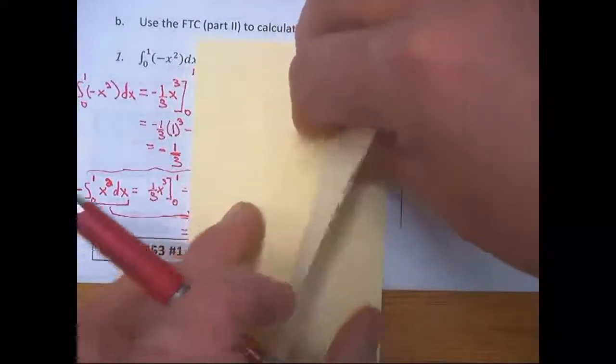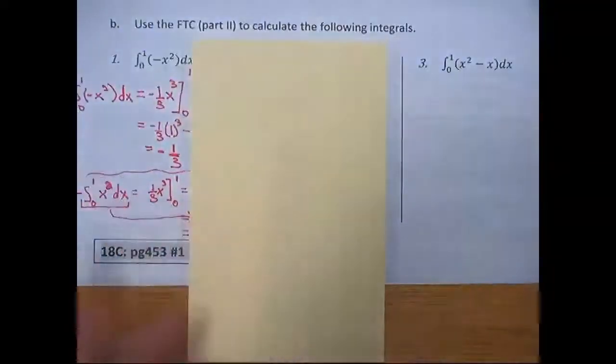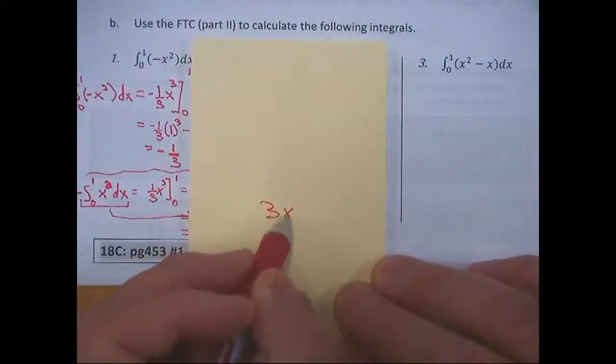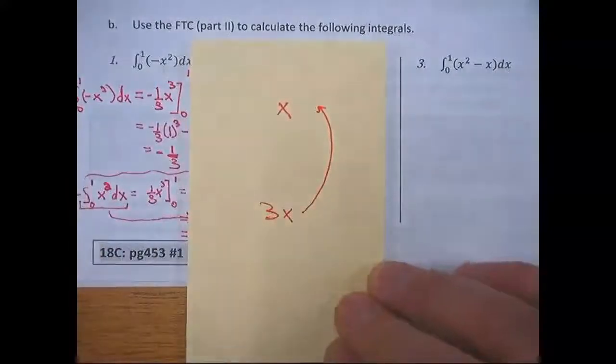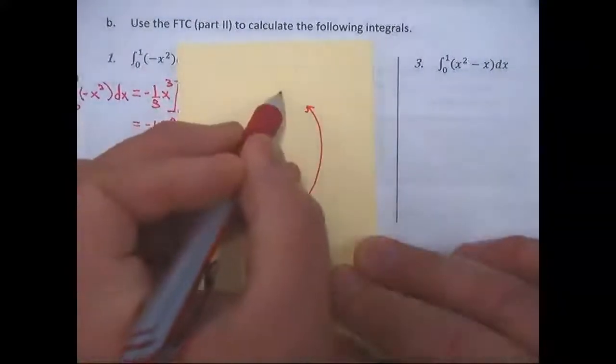Square root of 3x divided by. Okay, you're doing the antiderivative. Yeah, is that it? So what would the exponent have to be? It'd be 2. This would be 2.